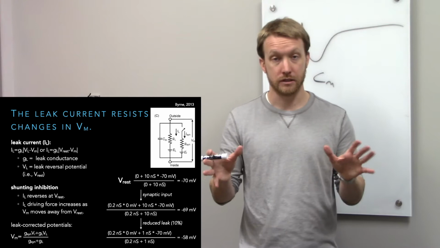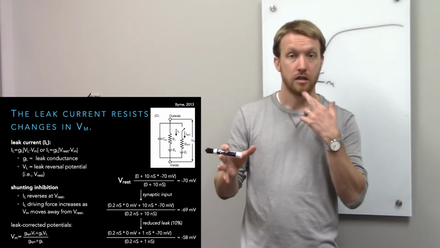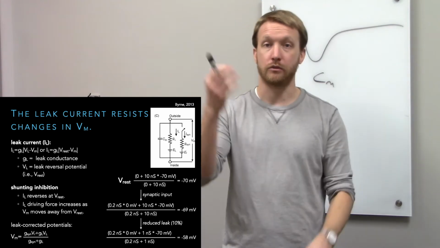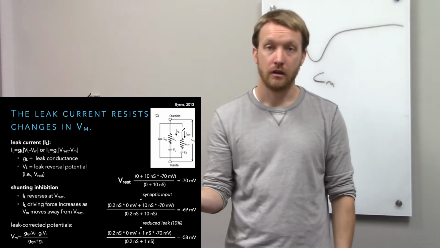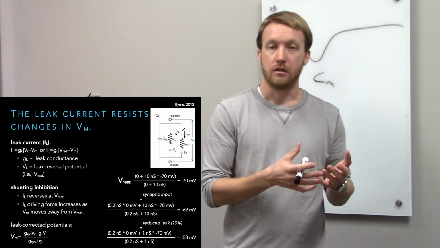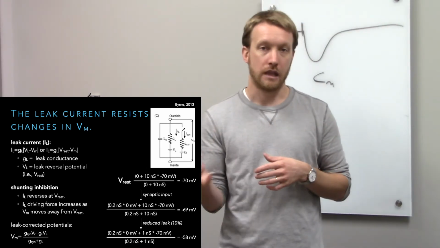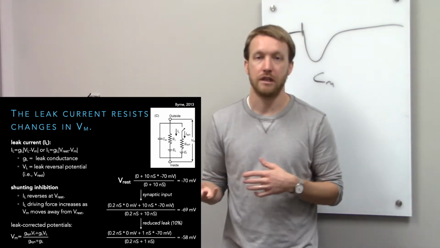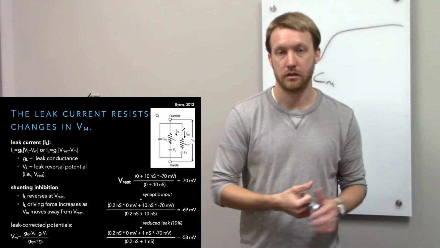It's still V equals IR. Now what we have to keep in mind is that that leak current is always there. So whenever we open up our synaptic currents, that leak current is going to offset the synaptic currents. So we have to correct our expected potentials based on our leak current.